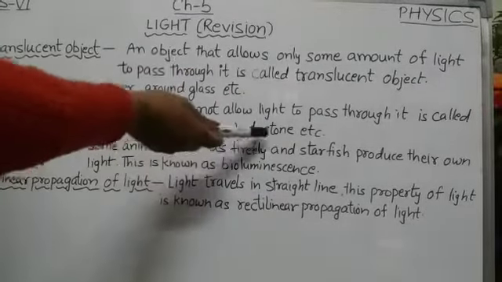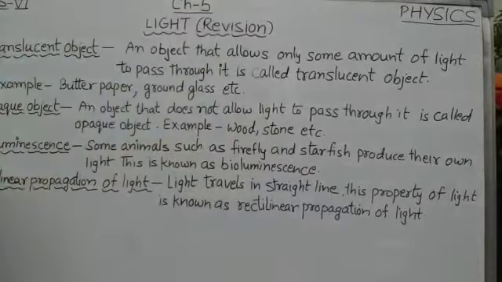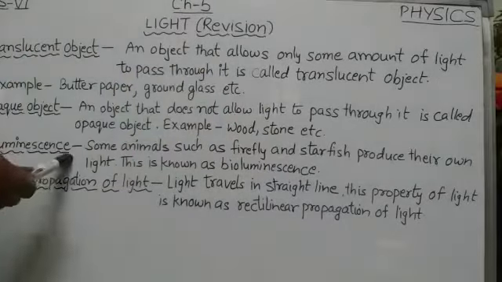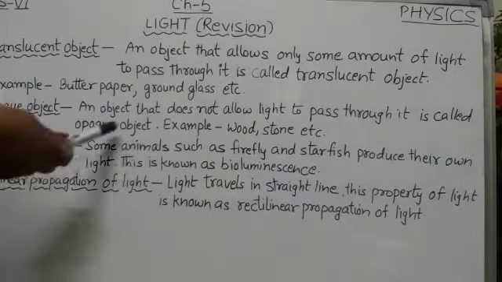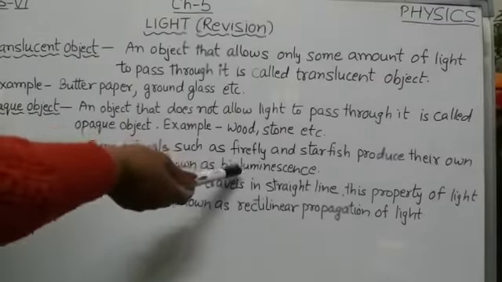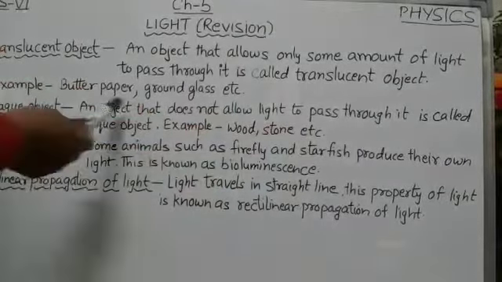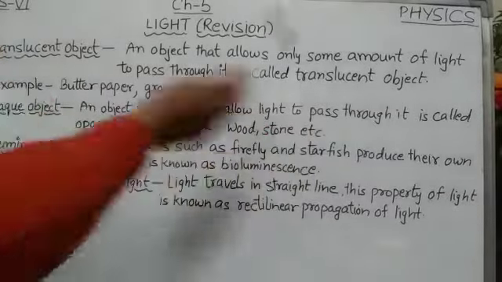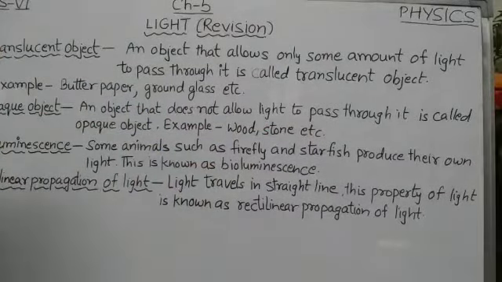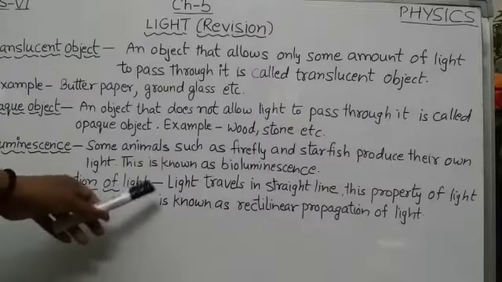Example, wood, stone, etc. Next one, bioluminescence. What is bioluminescence? Some animals such as firefly and starfish produce their own light and this is known as bioluminescence.